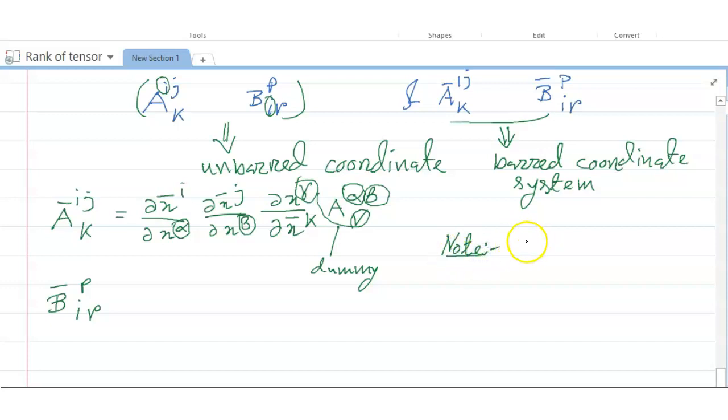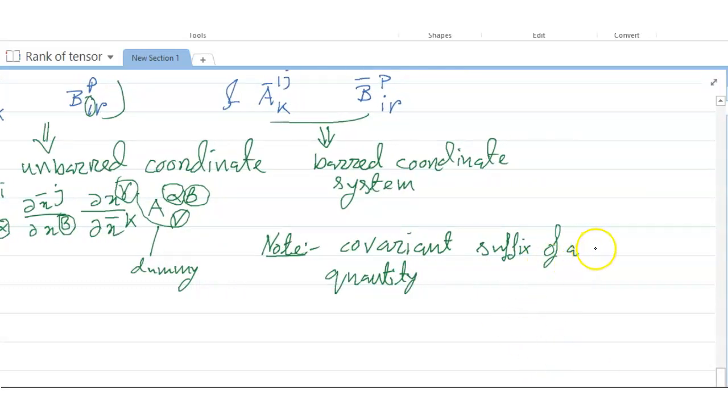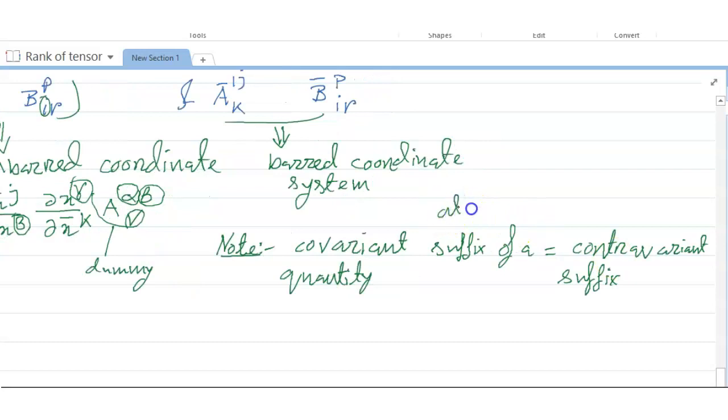Inner product is possible when the covariant suffix of a quantity equals the contravariant suffix, at least one.